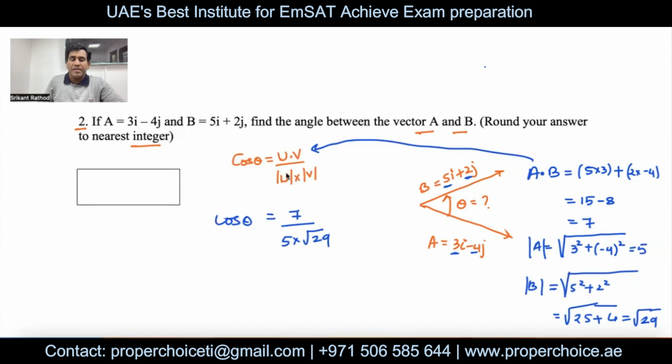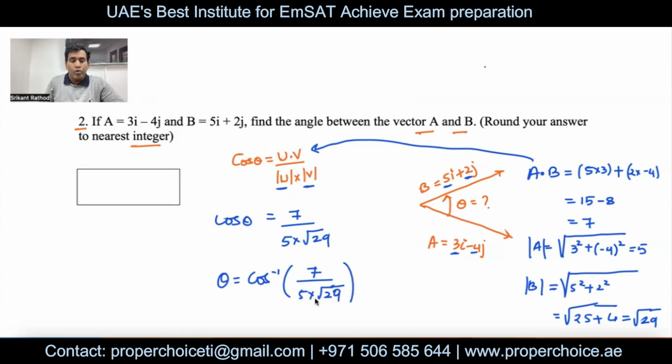I'm replacing u and v with a and b, because u, v, a, b are just the naming, and the question asked us to find the angle between them. So I got it in terms of cos theta, but how do we get theta? Theta is equal to cos inverse of 7 divided by 5 times square root of 29.